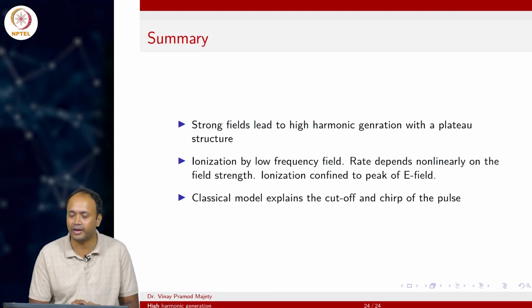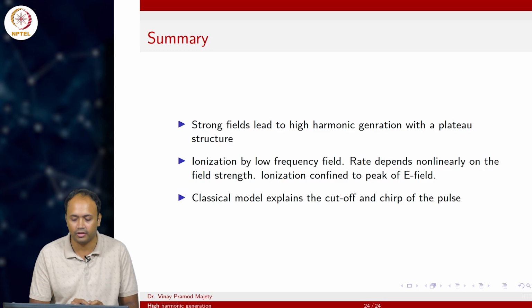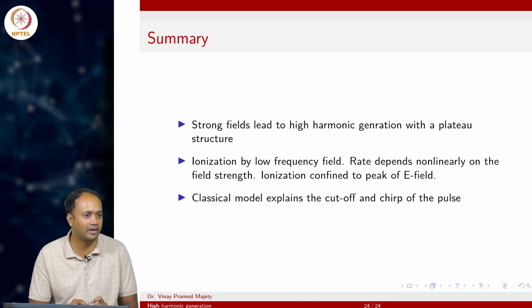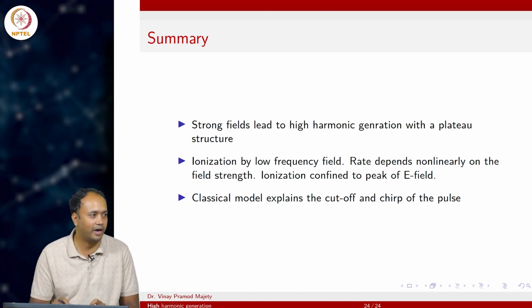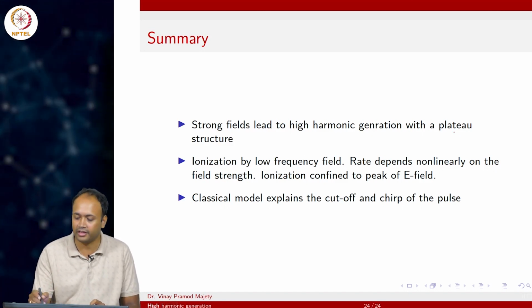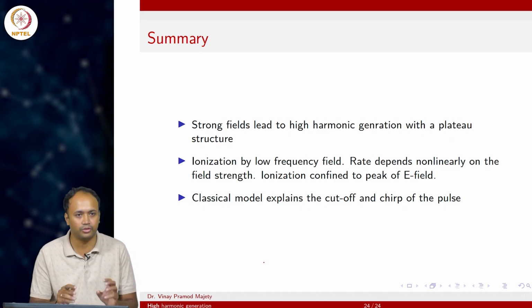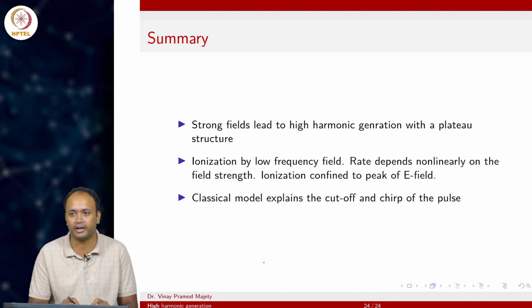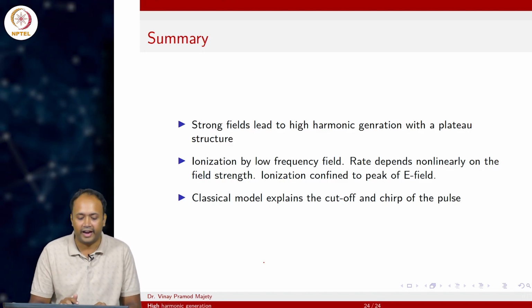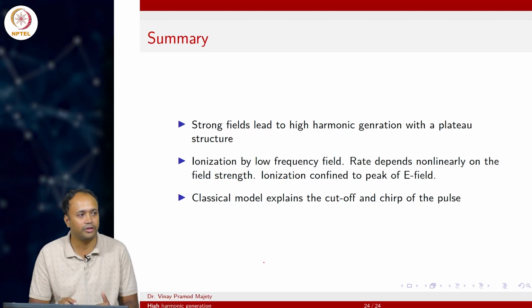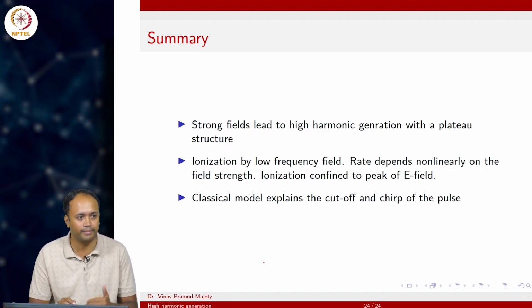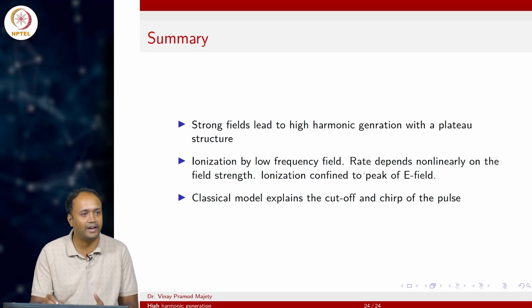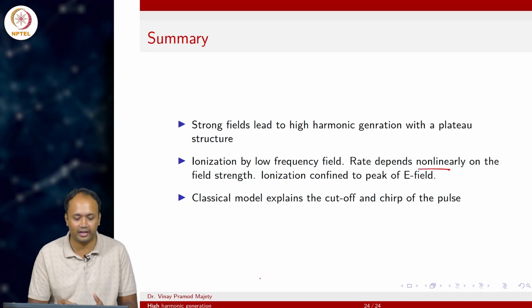Okay, to quickly summarize what I have discussed in this part of the lecture, we have looked at the fact that strong fields, as I have shown during a numerical demonstration, lead to high harmonic generation. The characteristic is that you have a plateau structure, which means you have many harmonics being generated with similar intensities, unlike perturbative harmonic generation. In order to have nonlinearity built into it, you need ionization by low frequency fields. That means you will have multiphoton ionization or tunnel ionization. Therefore, the rate of ionization depends nonlinearly on the field strength.